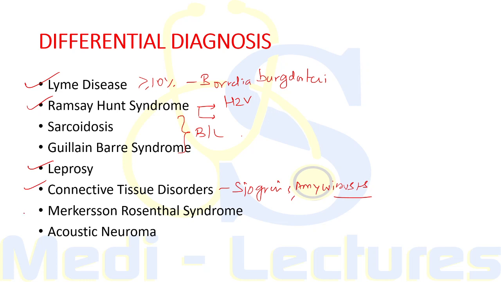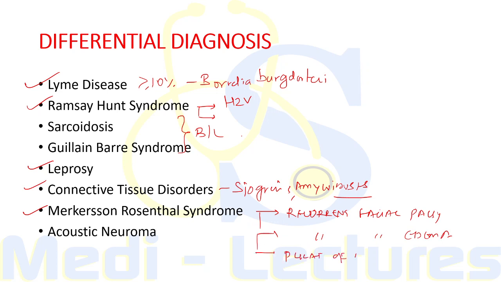A syndrome known as Melkersson-Rosenthal syndrome is characterized by recurrent facial paralysis, recurrent facial edema, and less commonly plication of the tongue, that is, fissuring of the tongue. Now, acoustic neuroma by local compression can also lead to facial paralysis.